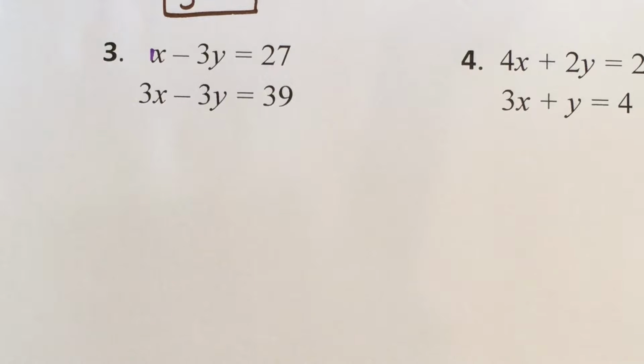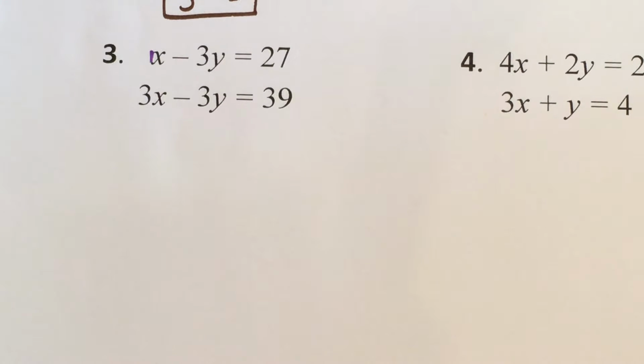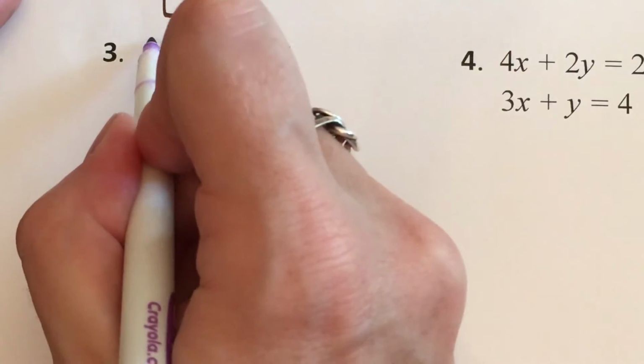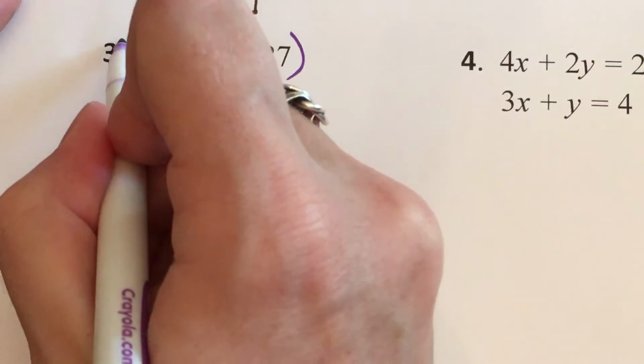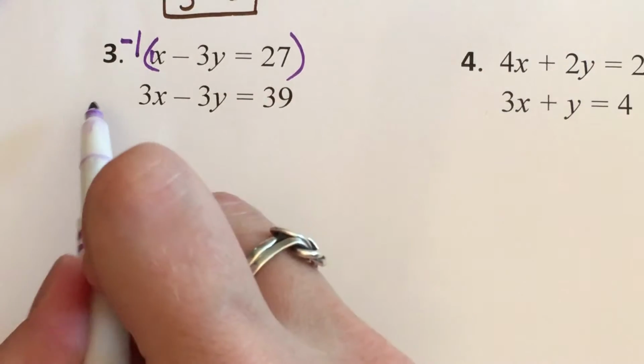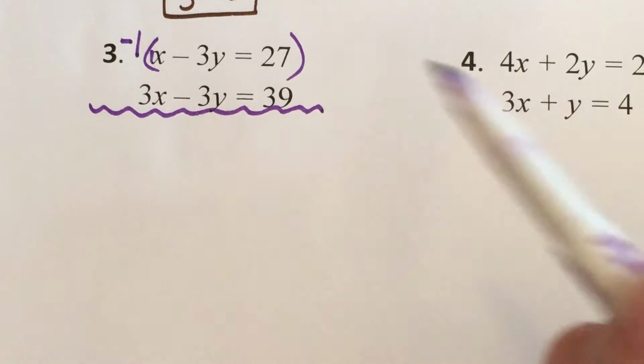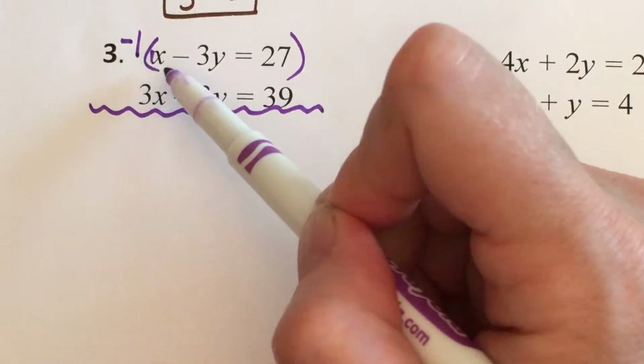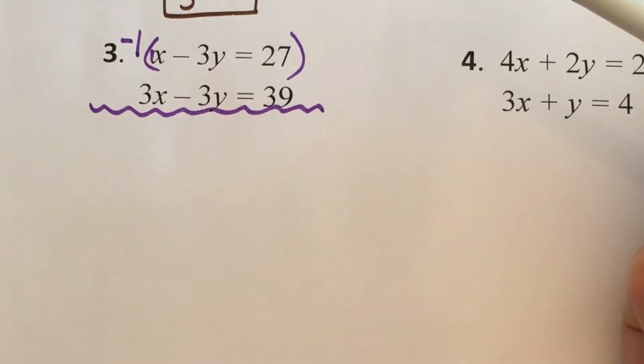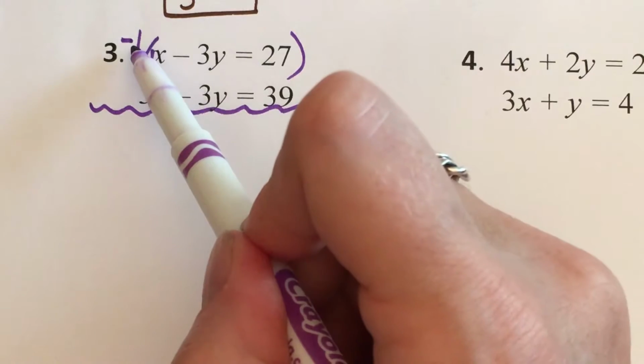So I need one of them to be a positive. So we're going to adjust one of our equations to become positive. What can you multiply a negative by to turn it into a positive? A negative 1. So let's distribute a negative 1 through all of the first equation.